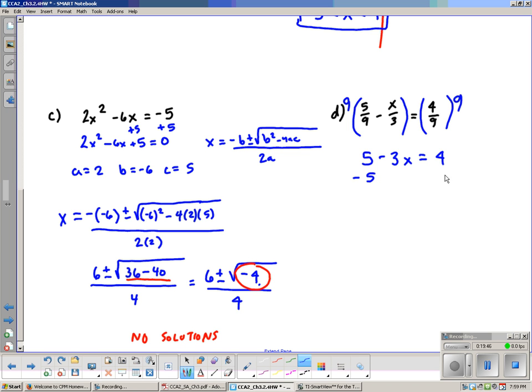Let's go ahead and subtract our 5 from each side. I have negative 3x is equal to 4 minus 5, which would be negative 1. Divide each side by negative 3, and we're going to get that x equals 1/3.